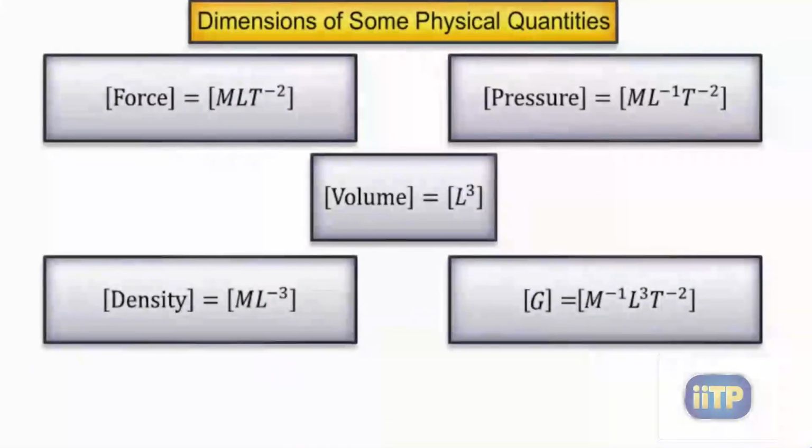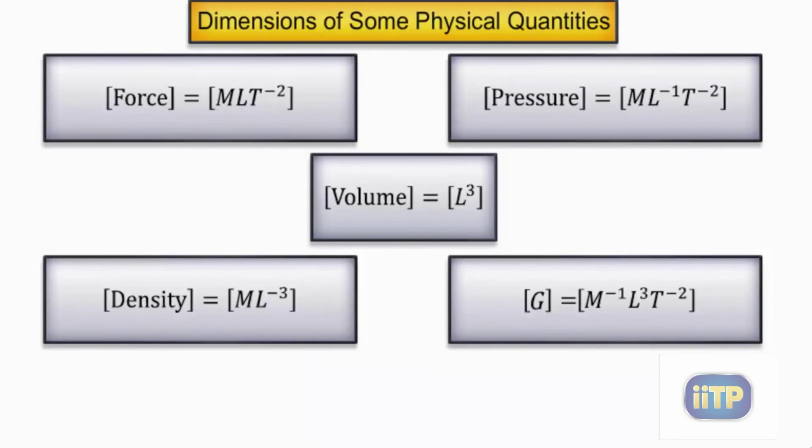Dimensions are generally used as a basic test to check the consistency of an equation, where there is a doubt regarding its correctness. However, this test cannot be completely relied upon, especially in the case of dimensionless quantities or functions.